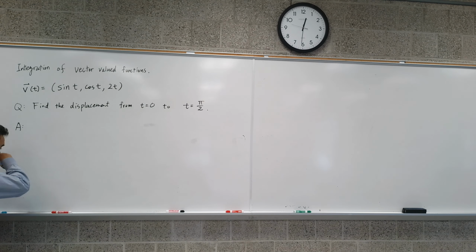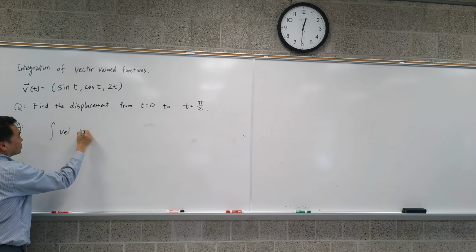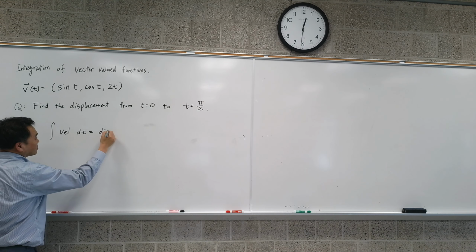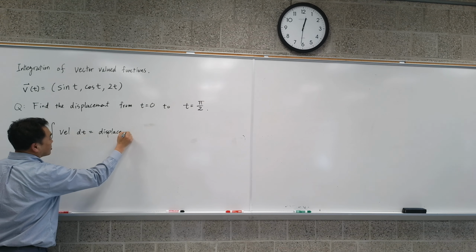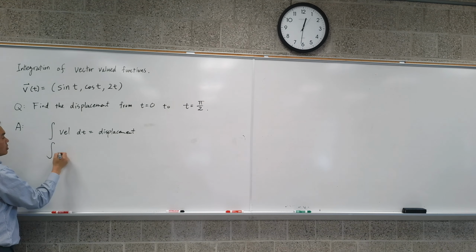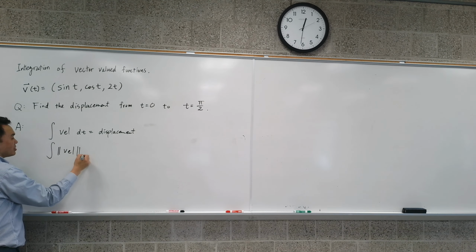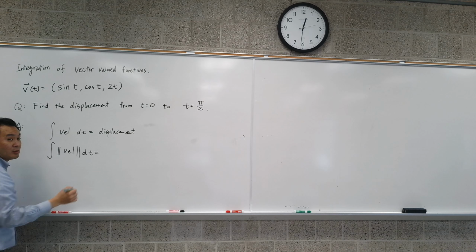Well, remember that the integral of velocity gives you displacement, and the integral of the norm of the velocity gives you distance traveled. What's another name for the norm of the velocity? Speed, right?